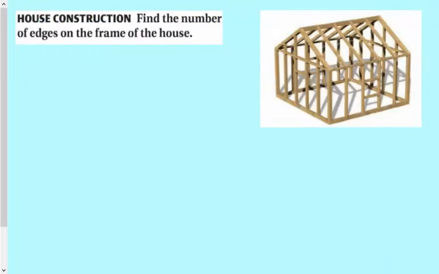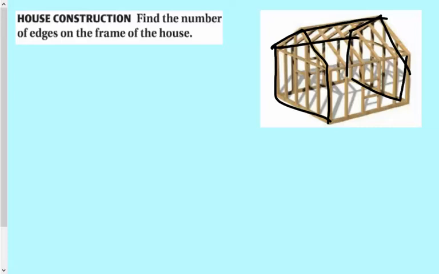Find the number of edges on the frame of this house. Well, this is a weird shape, and I'm going to draw this like this here. Right, that's what I'm looking for. So that's the actual frame of the house.